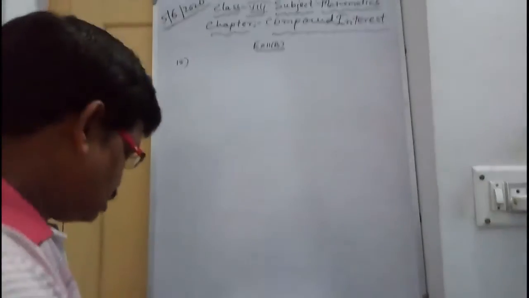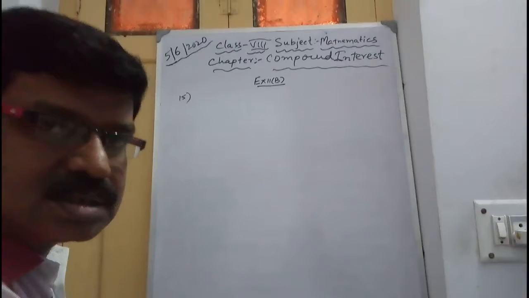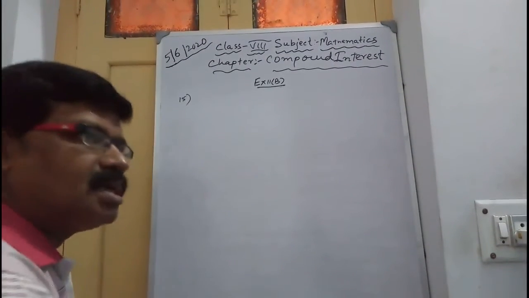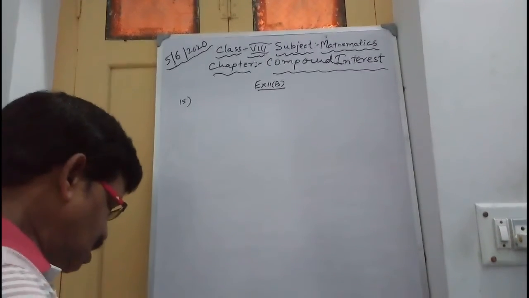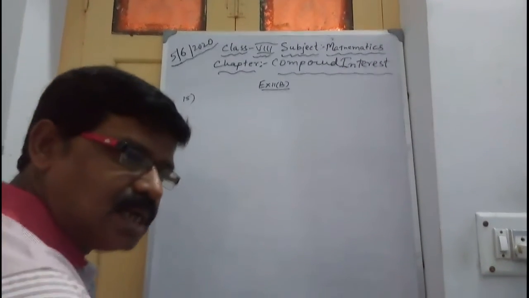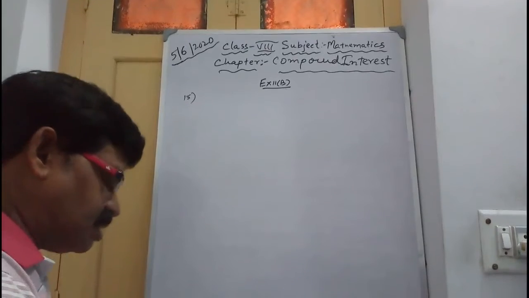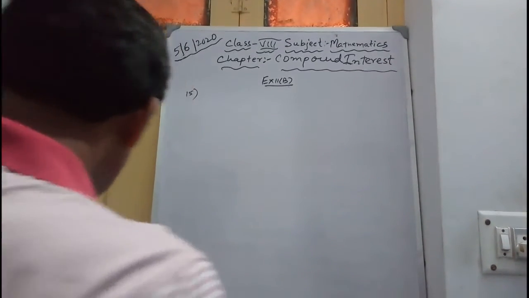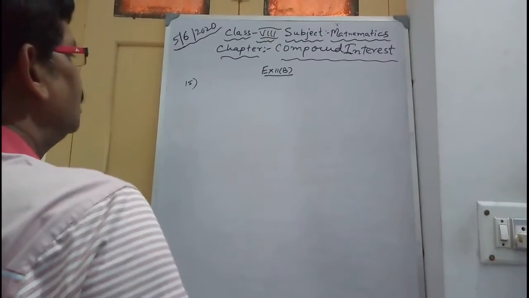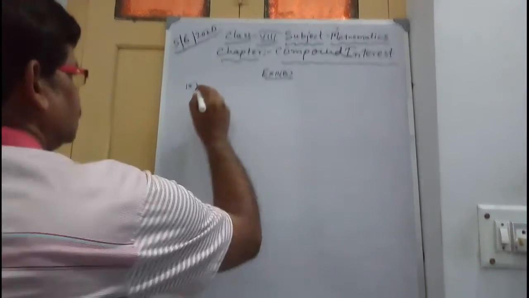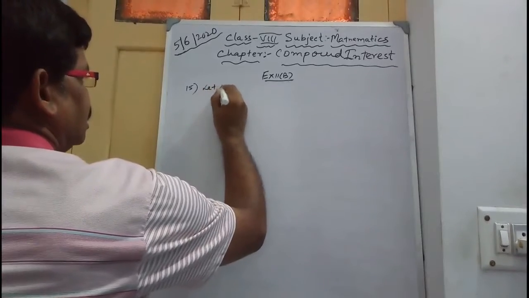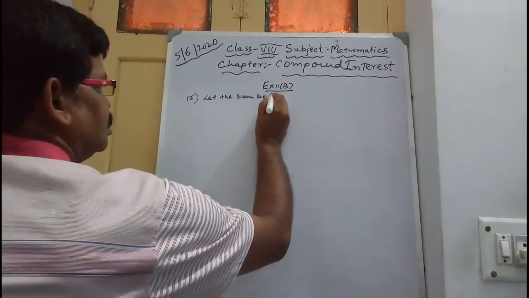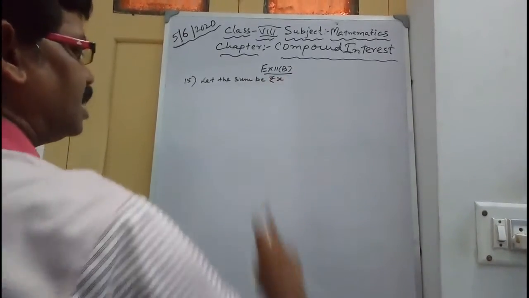The difference between the compound interest and simple interest on a certain sum for 3 years at 10% per annum is rupees 93. So you have to find the sum, that means the principal amount. Let the sum be rupees x, as you have to find that one.